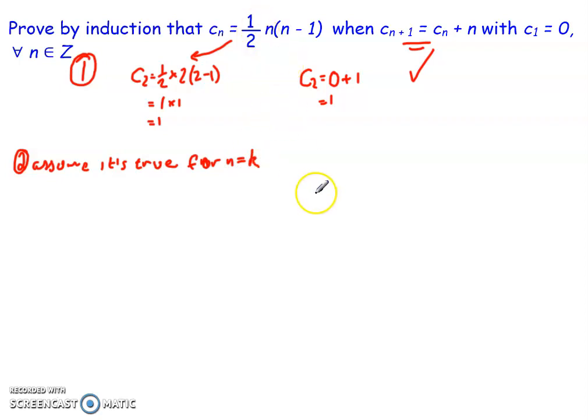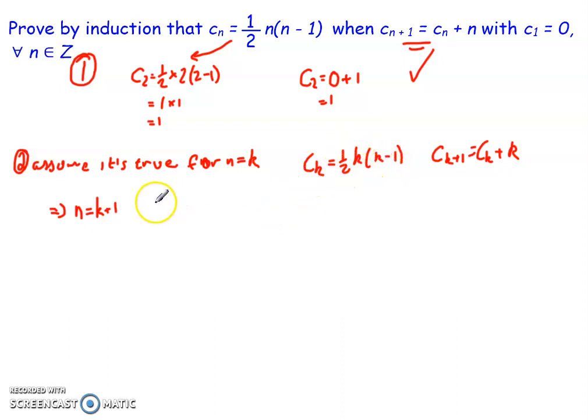So in that case, what that means is that Ck is equal to a half k bracket k minus 1, and what that then means as well is that C(k+1) is equal to Ck plus k. What I then want to do is now look at when n is equal to k plus 1. So if I can then prove that it's true for k plus 1, I can then prove it's true for anything. So Ck equals a half k bracket k minus 1.